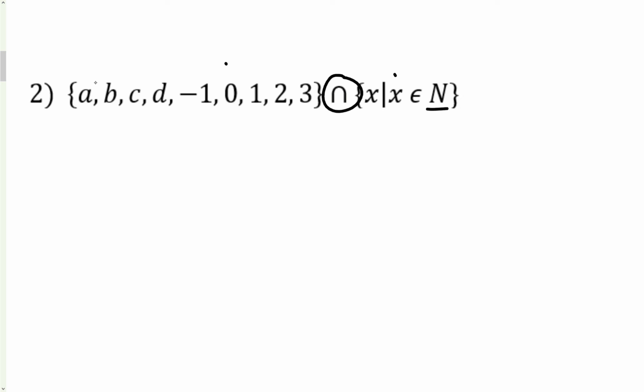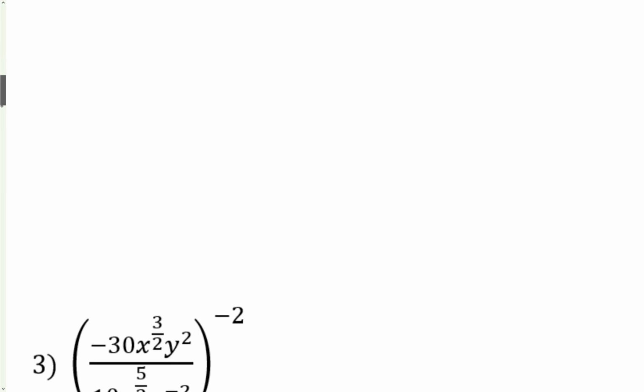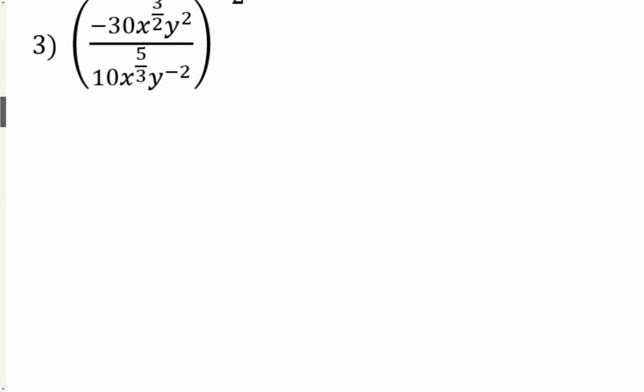Well, natural numbers are not letters. Natural numbers are not negative. Whole number is 0, but natural numbers is not 0. So the answer for this is 1, 2, and 3 with my set notation. That is the intersection of this set and this set. All right, moving on to the next one.